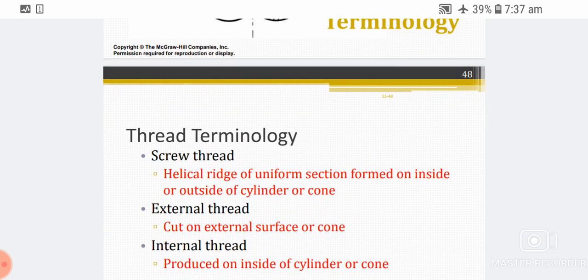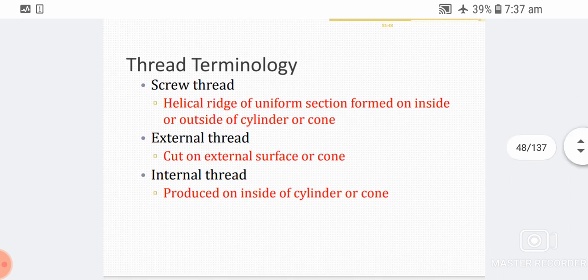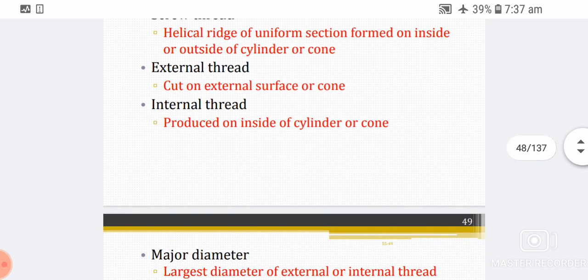Thread terminology. Screw thread: a helical ridge of uniform section formed on the inside or outside of a cylinder or cone. External thread is cut on the external surface of a cylinder or cone. Internal thread is produced on the inside of a cylinder or cone.